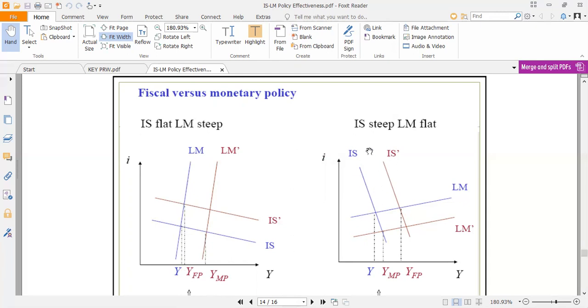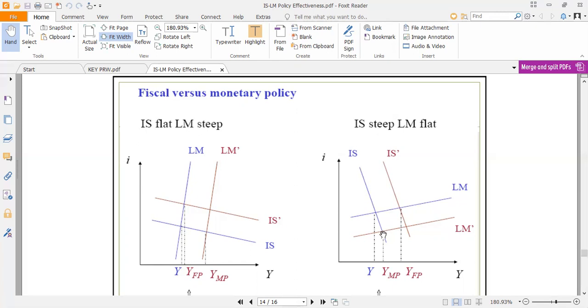And then in the case where the IS curve is steeper than the LM curve, this is our initial equilibrium point. Now, this is our IS, this is our LM curve. If we embark on a monetary policy, assuming an increase in money supply, the LM curve will shift downward.